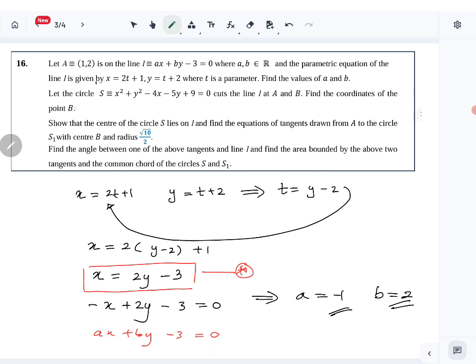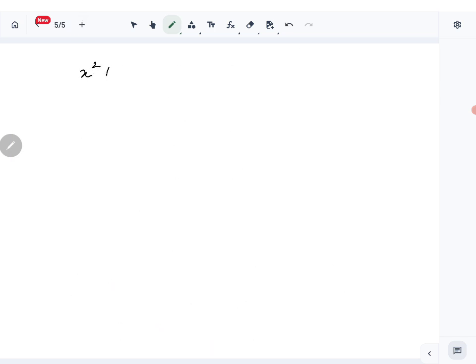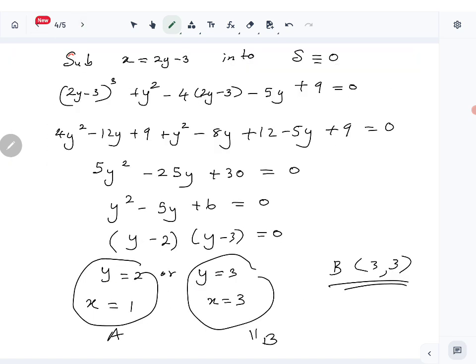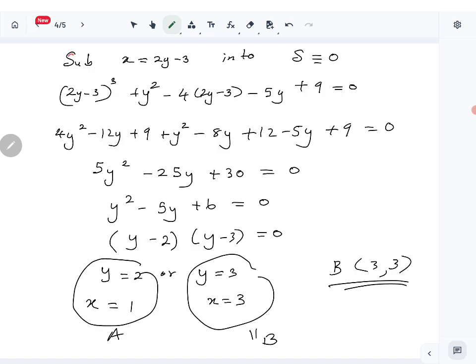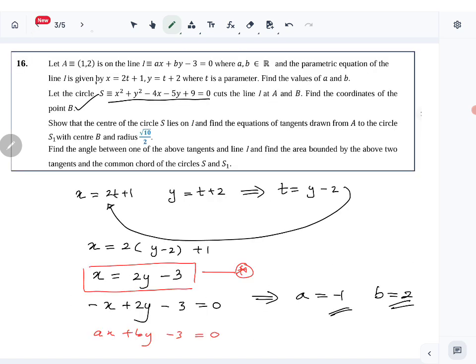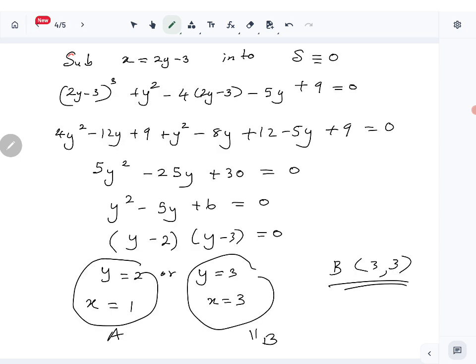Right, so that is done. Then show that the center of the circle S lies on L. So let's find the center. x squared plus y squared minus 4x minus 5y plus 9 equals 0.